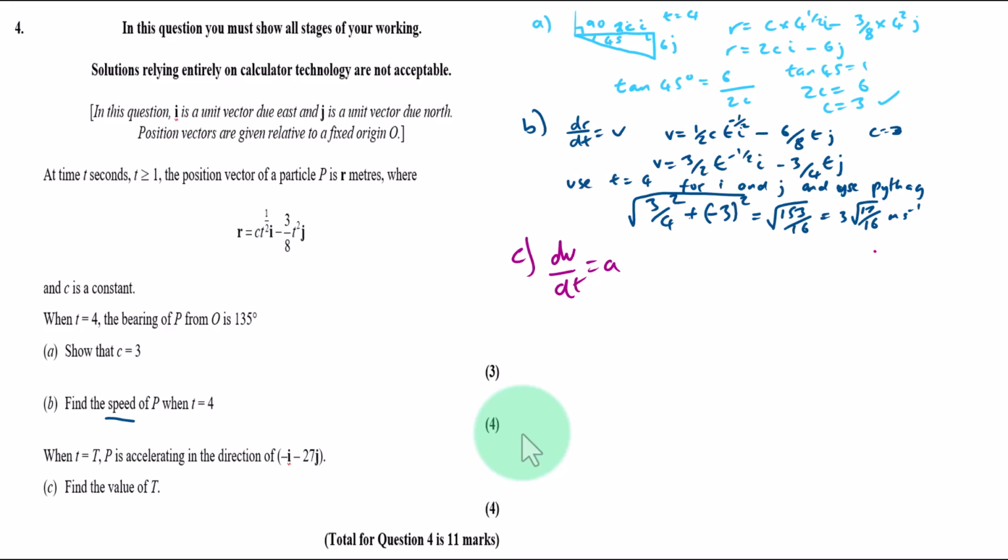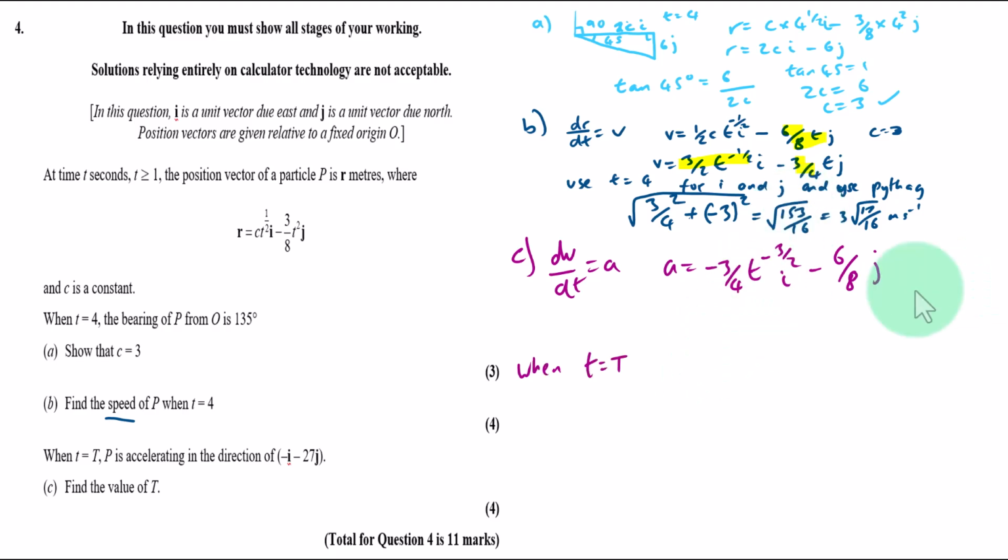Okay, and we know acceleration a equals, multiplied by the power, so we're going to get a minus sign, so that's going to give us minus 3 over 4, t to the power minus 3 over 2. t to the power of 1, so that's just going to be minus 3 over 4 j.